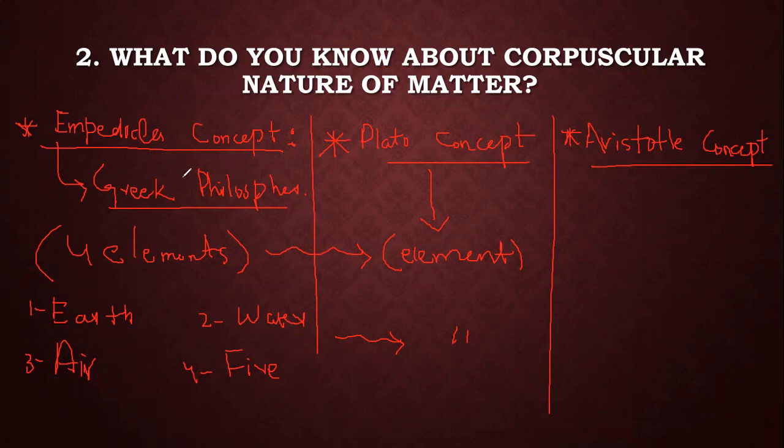He introduced the idea that elements can be differentiated on the basis of properties such as hot versus cold, and wet versus dry. So in the corpuscular nature of matter, the major work was done by Empedocles, and Plato and Aristotle did the same regarding the concept that the earth is made up of four elements. This is the end of question number 2.